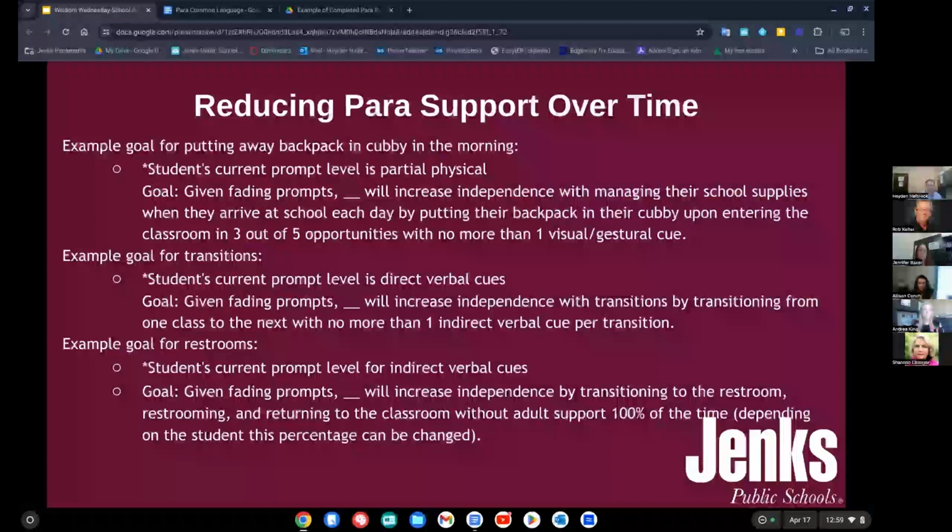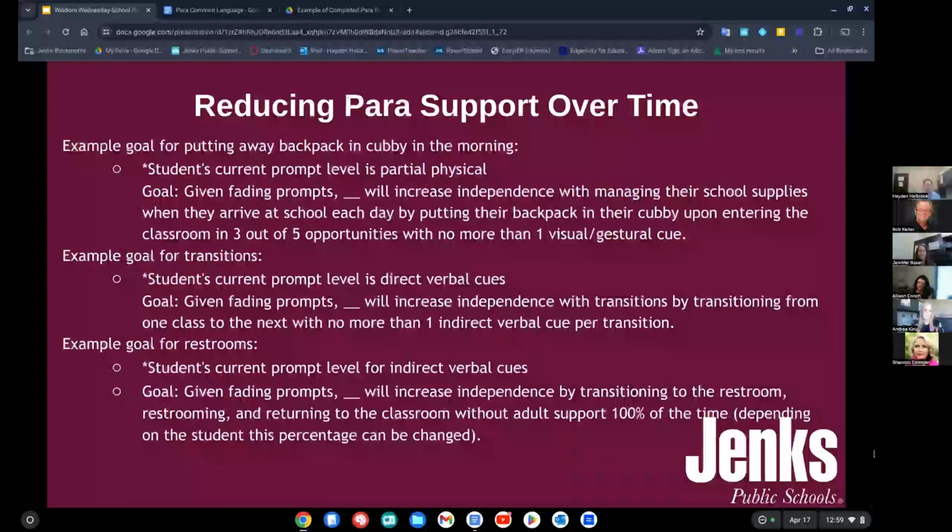So even if you're picturing some of those students with more significant disabilities at the high school level, when you're trying to prepare them to potentially go to a sheltered workshop or something like that, functional stuff like this would still be potentially appropriate in terms of fading out.